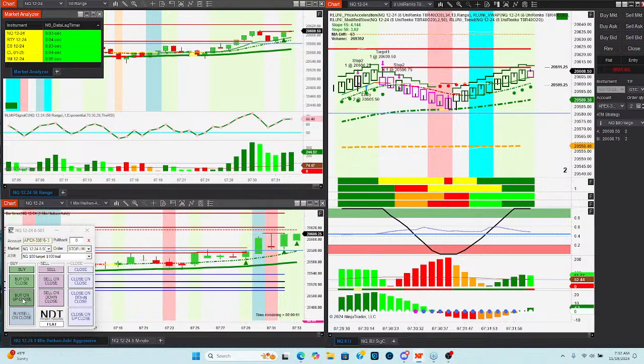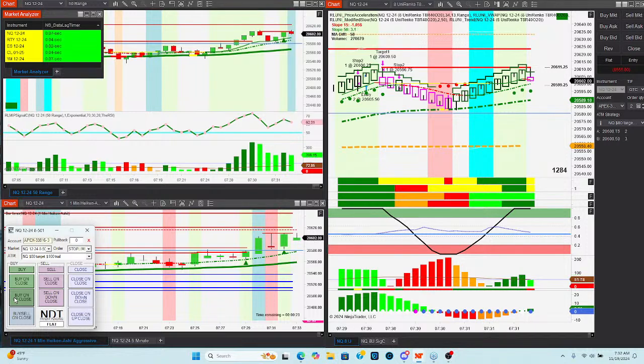Now it's starting to move. I'm losing my bias here on the 50.